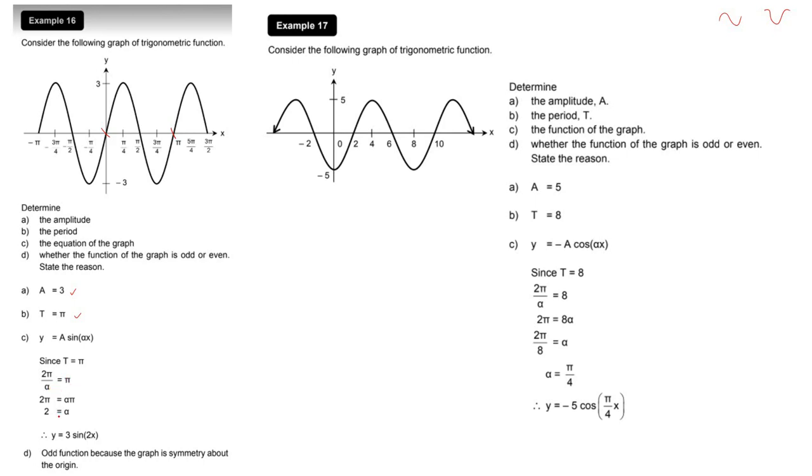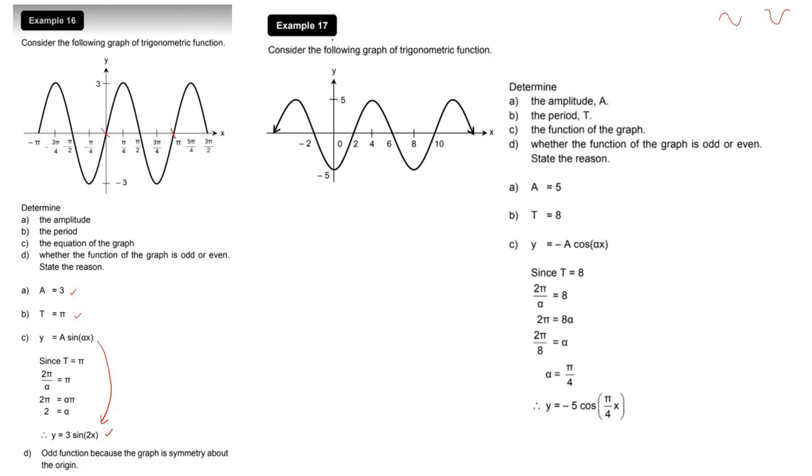So from there we get that alpha equals 2. We know amplitude 3, alpha 2, so we can substitute. And the equation is y equals 3 sine 2x. And since the graph is a sine graph, it is an odd function, because the graph is symmetric about the origin.